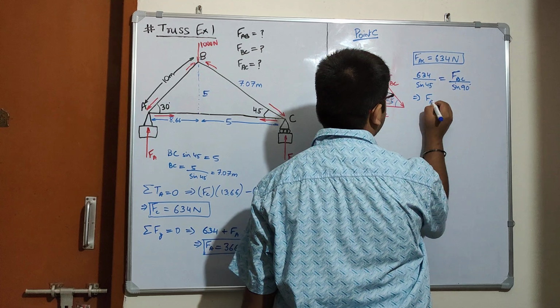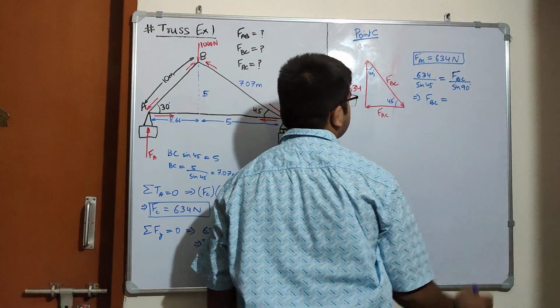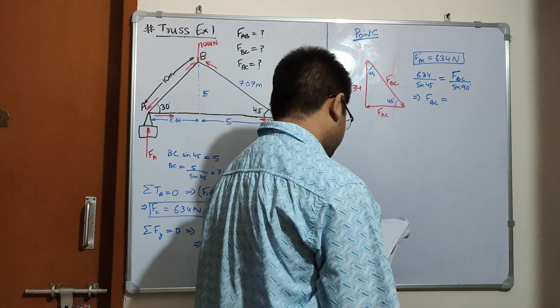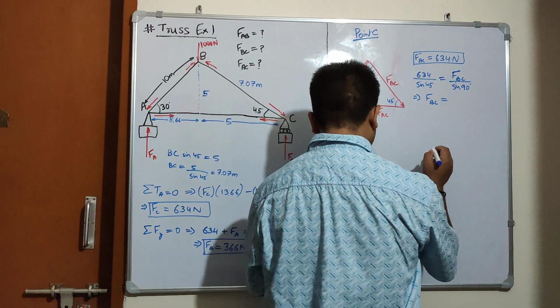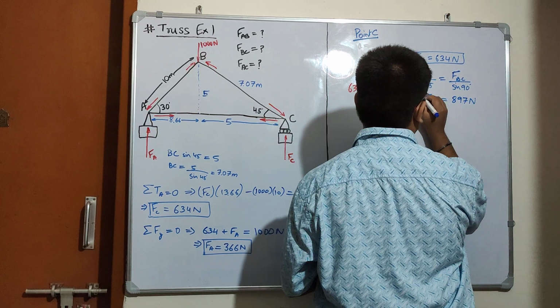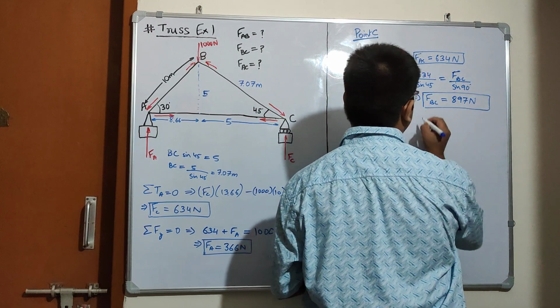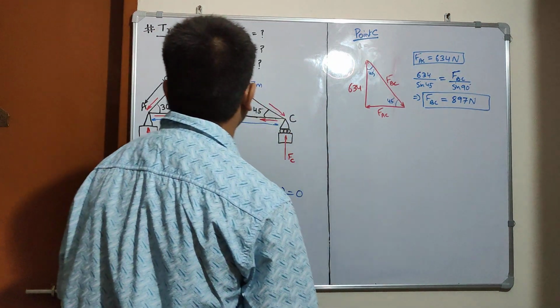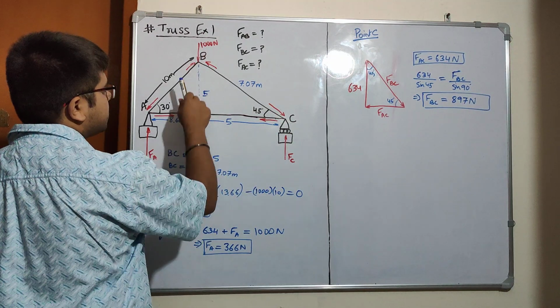Now FBC will be calculated as 897 Newton. So we have found FAC and FBC.